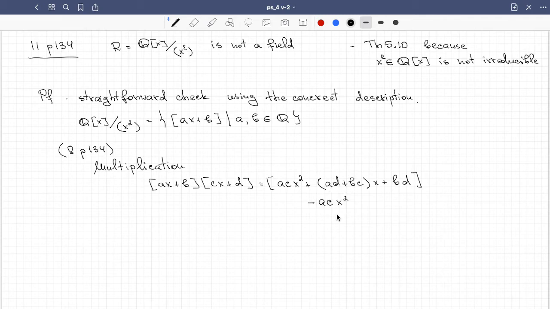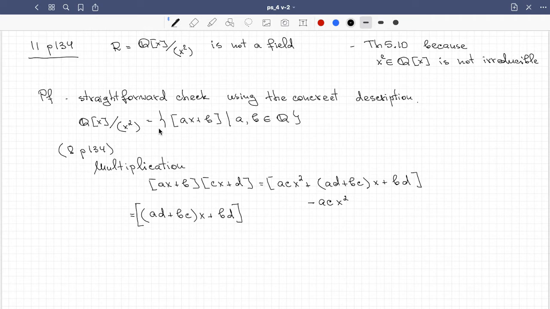The two polynomials are going to be congruent modulo x squared, so belong to the same class, and what we produce is (ad plus bc)x plus bd. So this is the multiplication in this ring.